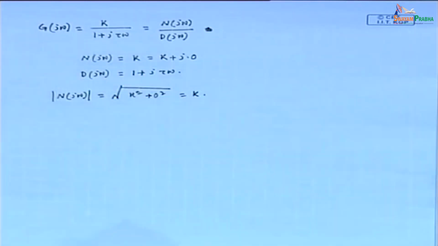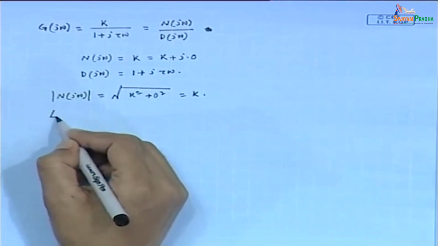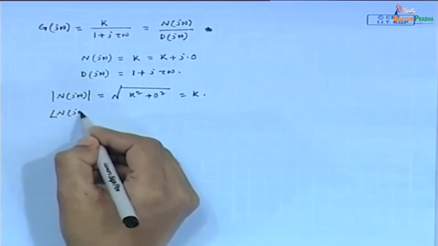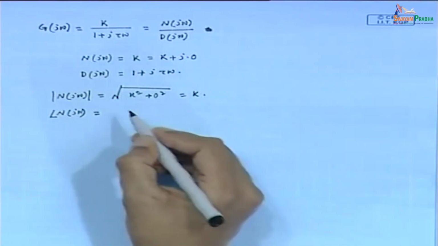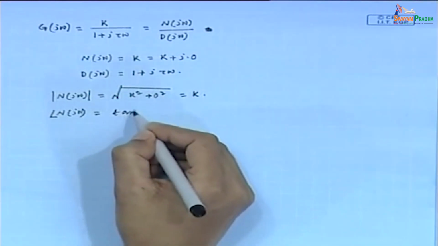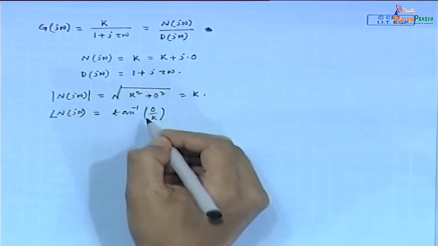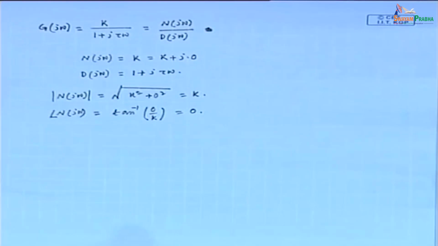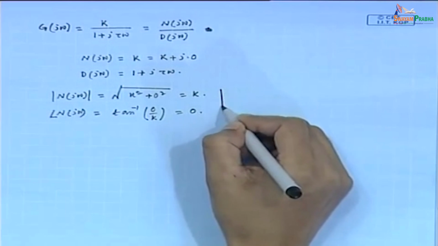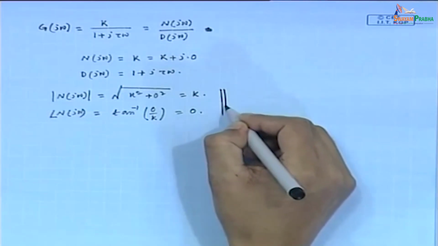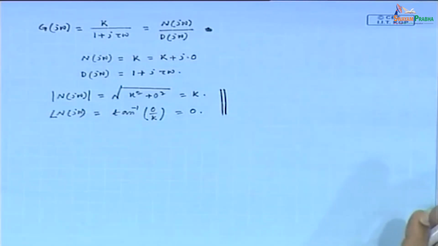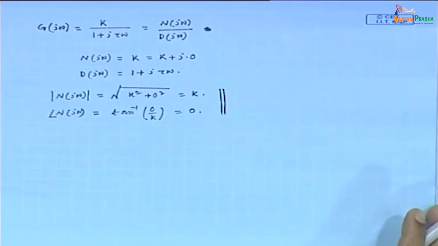K, and argument is equal to tan inverse 0 by K, which is equal to 0. So, we obtain the magnitude and argument for the numerator.